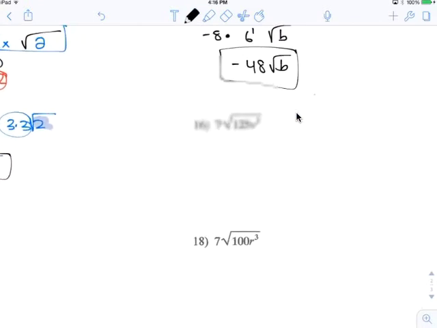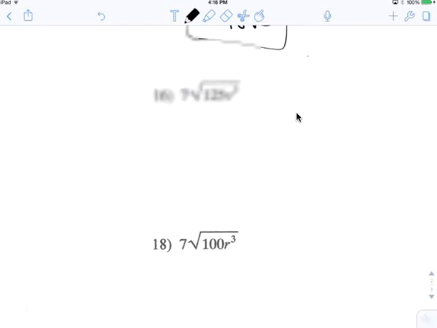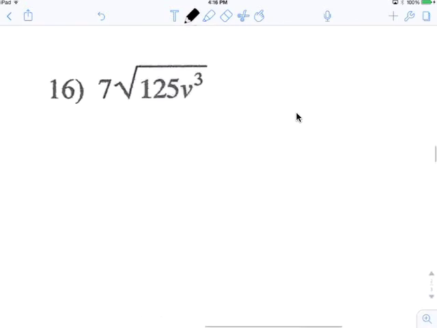Okay, same thing for number 16. That's 7 times, let me write it lower so it's not all 7 times, and that's 5 times 25.